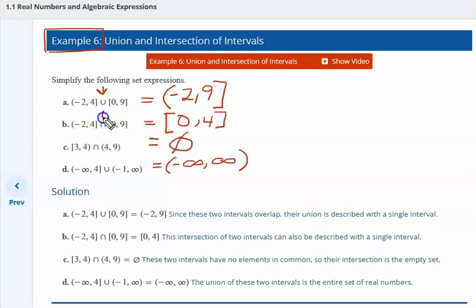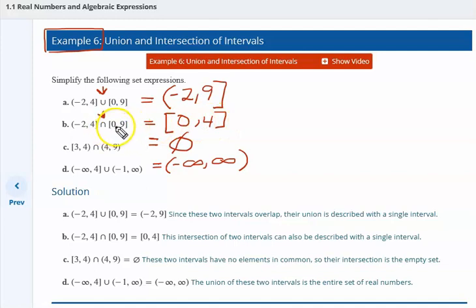Now, an intersection, where would the values in a sense overlap? Well, they would overlap at 0 and would only go up to 4.